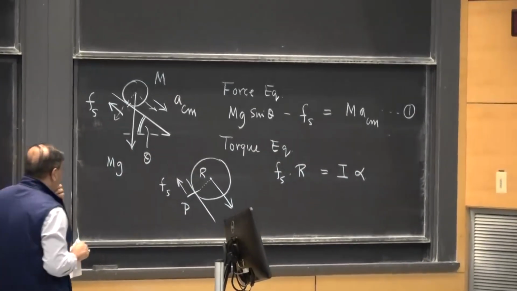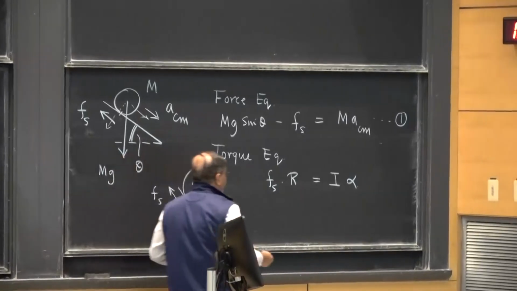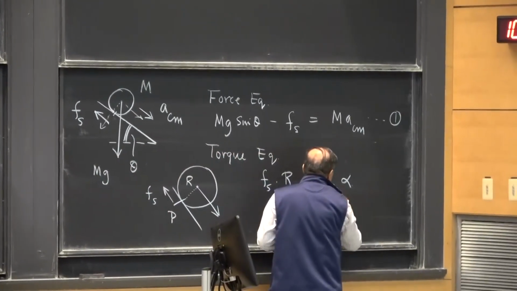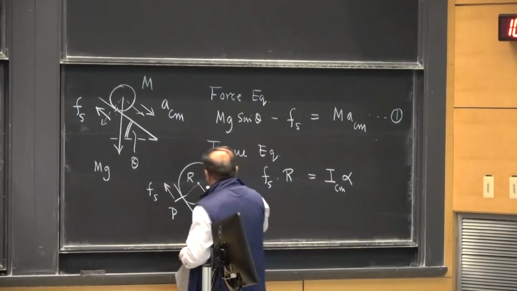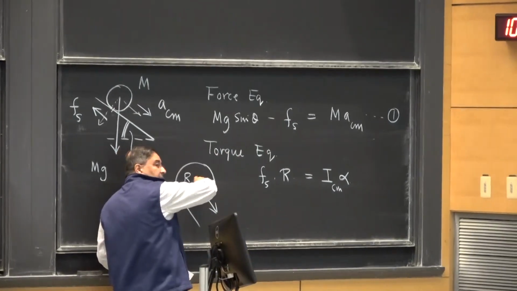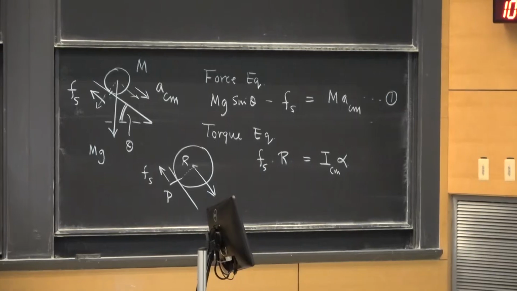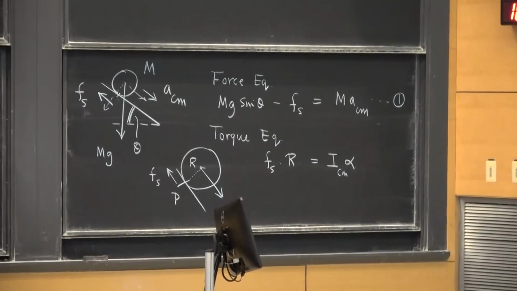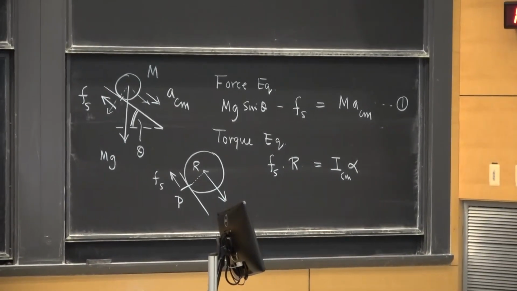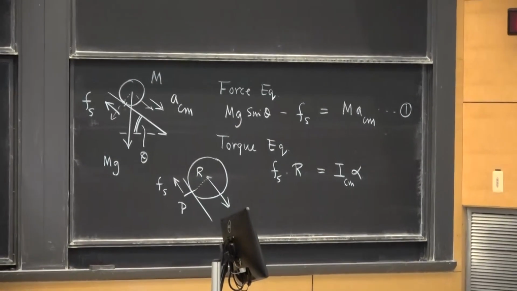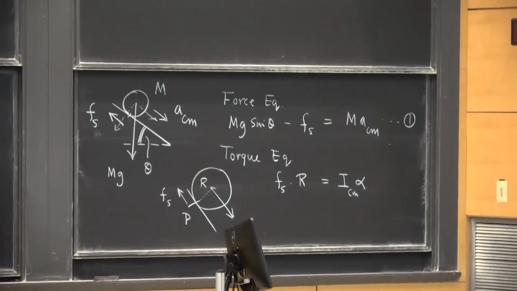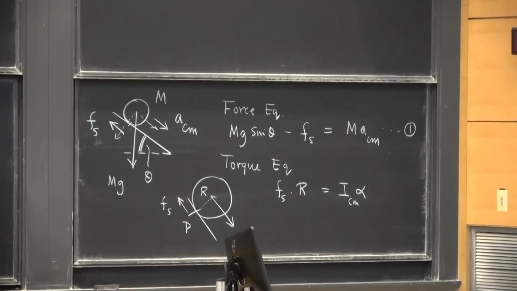And this I, by the way, because the rotation is about the center of mass, this moment of inertia is about the center of mass. The moment of inertia is about the axis passing through this point, and it's rotating about that. I told you that you can take moment of inertia about different axes. For example, you can have a disk that is rotating about the axis at the center.